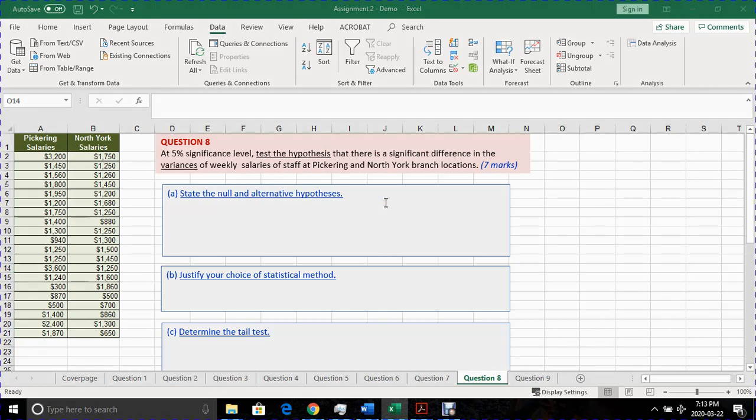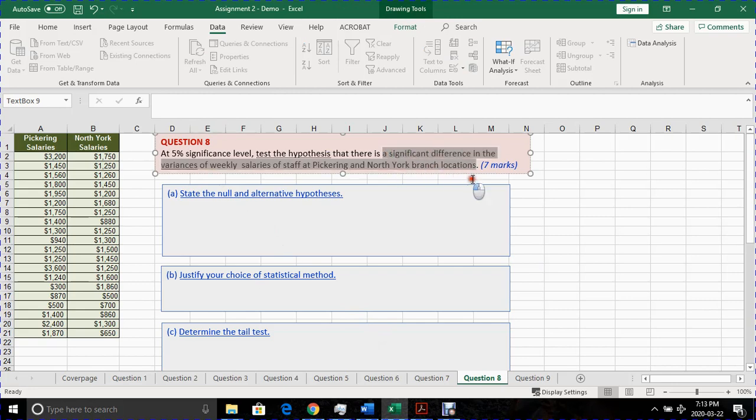Question 8. In question 8, students are expected to test a hypothesis which involves 2 columns of information. So this is an example of a 2-sample test. In question 8, you are being asked to determine if there is a significant difference between 2 variances.